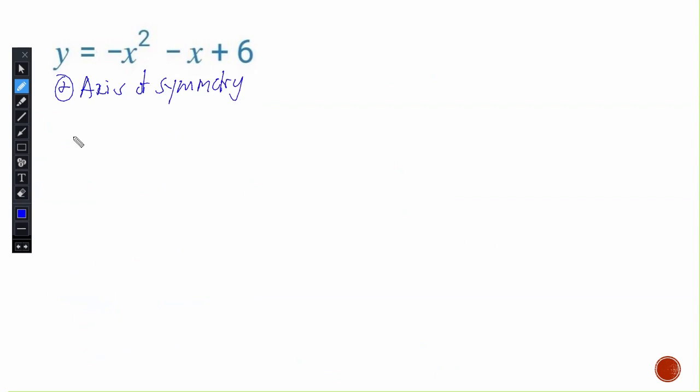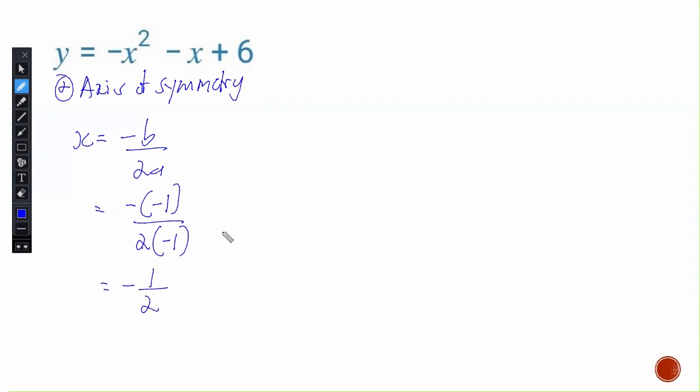So when it comes to that, we simply say x equals -b over 2a. What's your b value? It's -1. And what's your a value? It's -1. So negative and negative is positive. This will be negative here, so we will have -1 over 2, right? So this becomes your axis of symmetry.